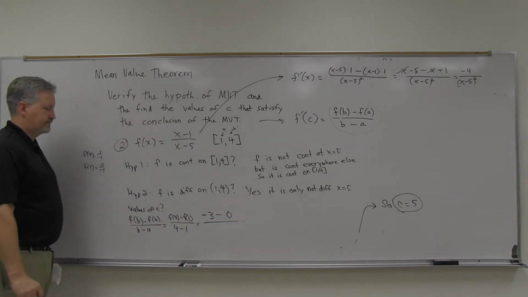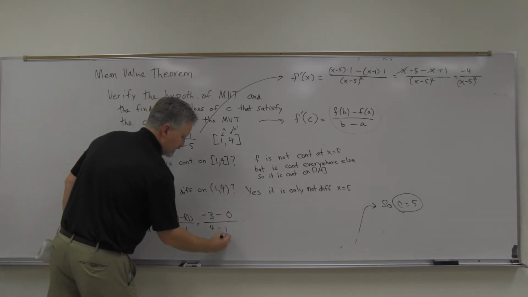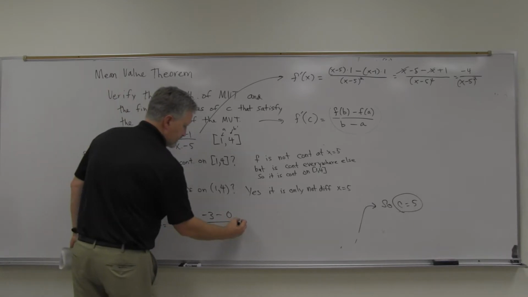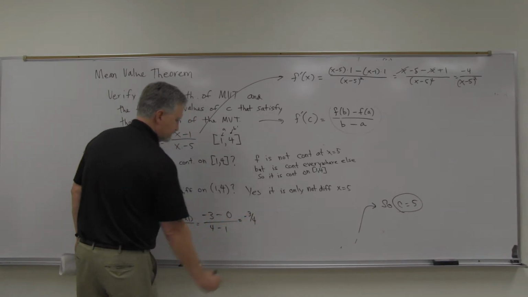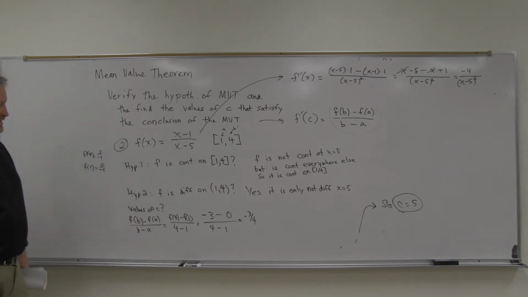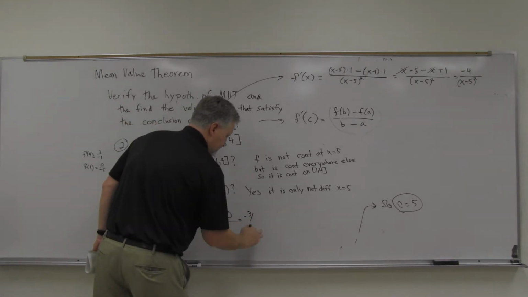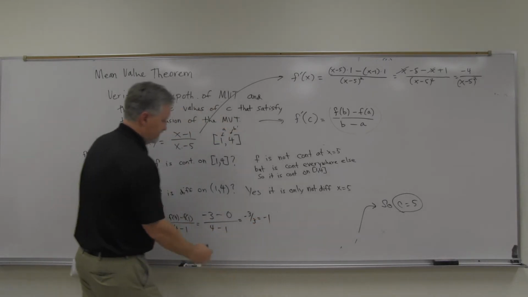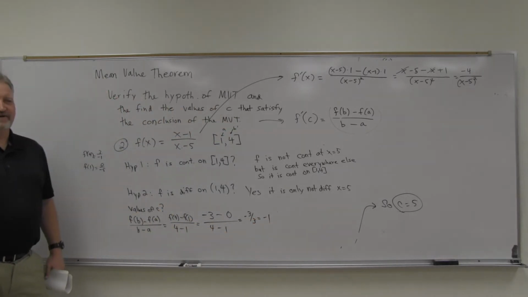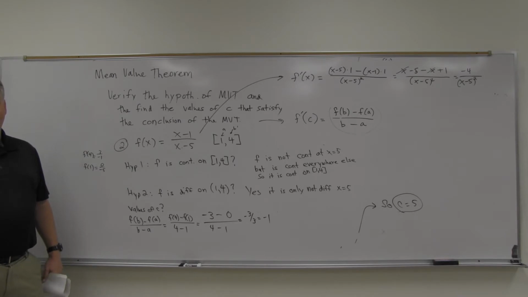That's nice. And then 4 minus 1, so it's negative 3 over 3. It's just negative 1. Even better.